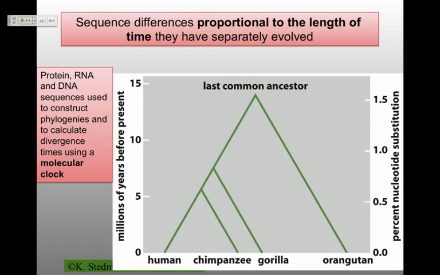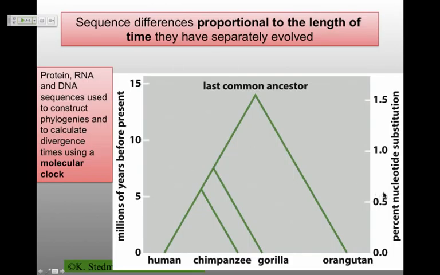So if we look at a classic phylogeny here, this is now just a primate phylogeny. We look at humans versus chimpanzees versus gorillas versus orangutans. We have a fossil record that goes back about 15 million years. And this is nice because these are organisms for which we do have decent fossil records. Through the fossil record, we think that humans and chimpanzees diverged about 5 million years ago.